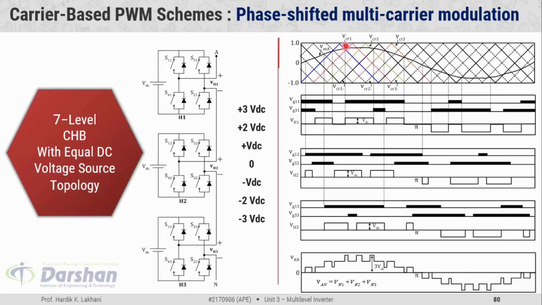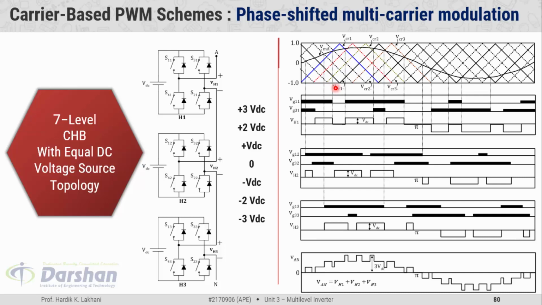The carriers VCR1, VCR2 and VCR3 are used to generate gatings for the upper switches S11, S12 and S13 in the left leg of power cells H1, H2 and H3 respectively.